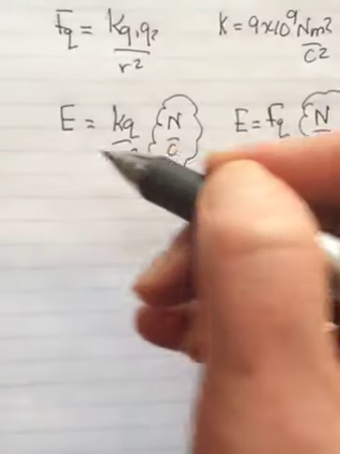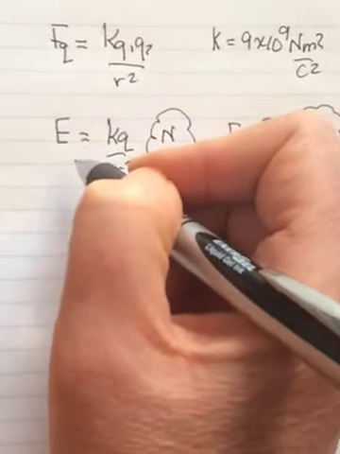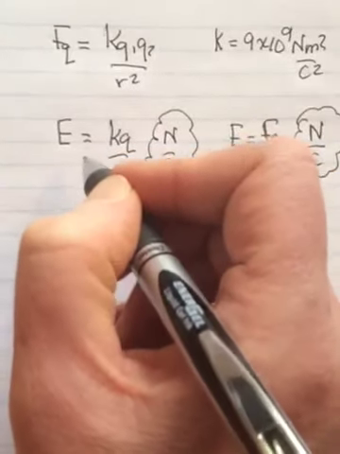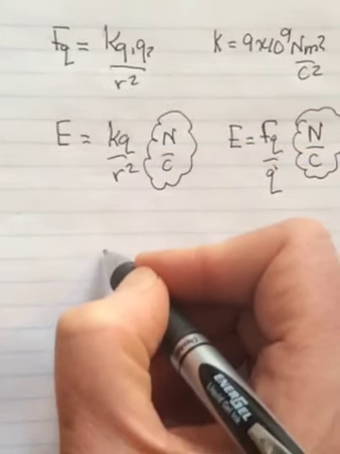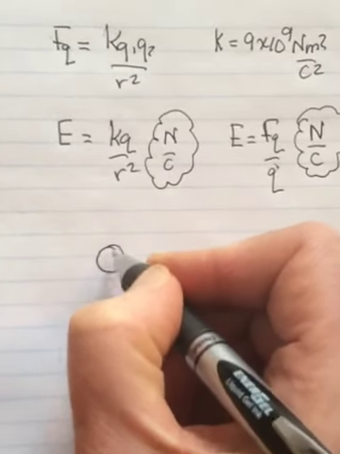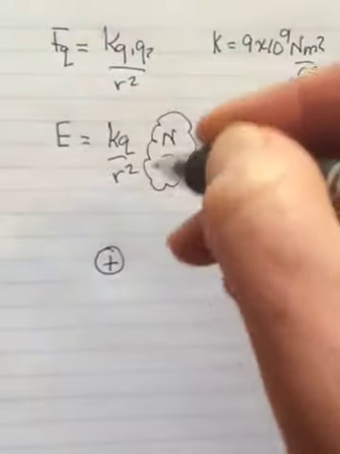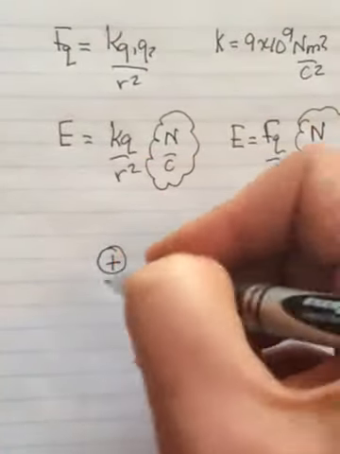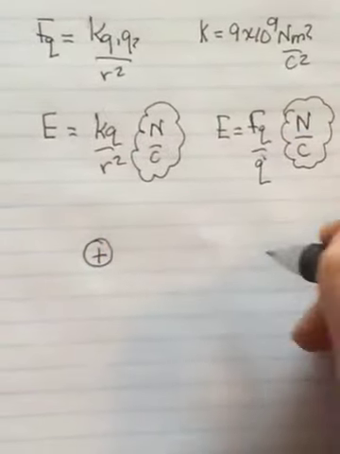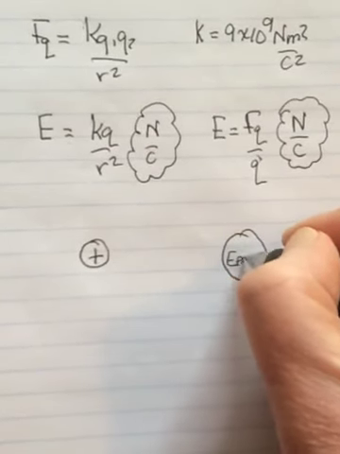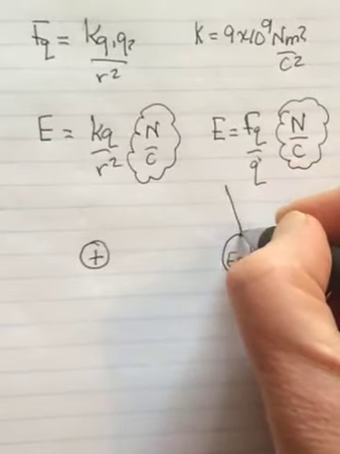Okay, so now the one thing that's different, electric fields to gravitational fields, is the fact that they could be attraction or repulsion. So if I have a positive charge right here, then the field around it could be going in towards it or could be going out of it, right? If I have the Earth, the gravitational field is going in.